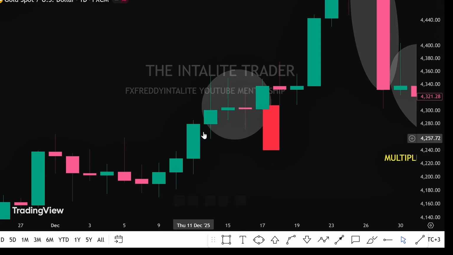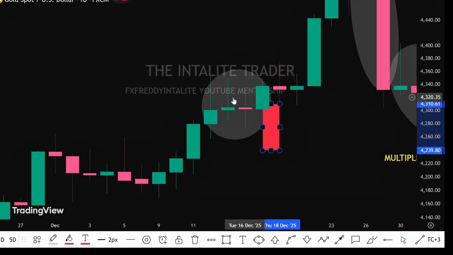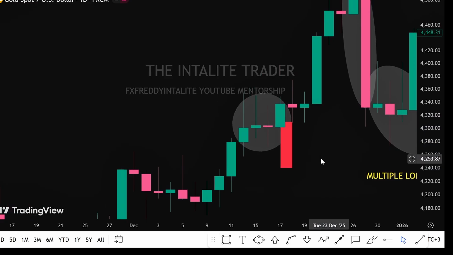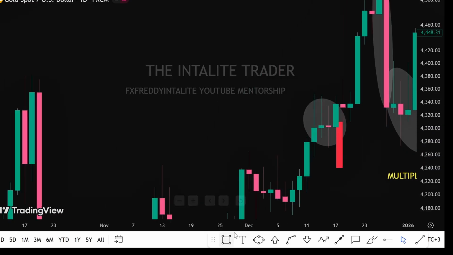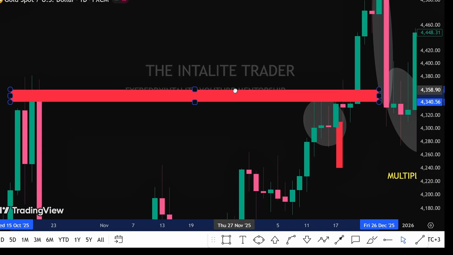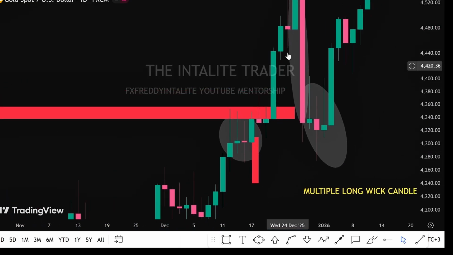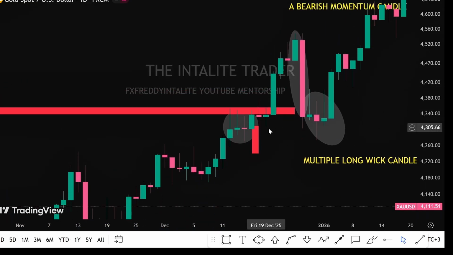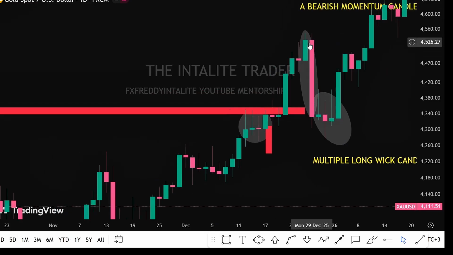So after seeing these patterns, you want to see a momentum candle forming to push price lower, because price can stall around a level, just like you see price formed this pattern in this level, and it stalled around and continued going bullish.